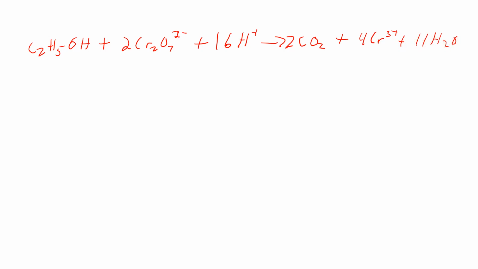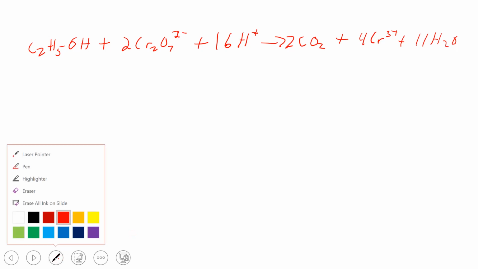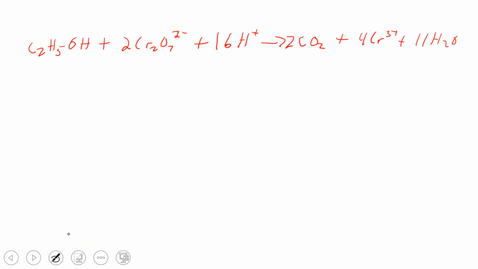So in this case we have 16 H positives on our reactant side. So we're going to add 16 OH negatives to neutralize that, and we're going to do it on both sides.